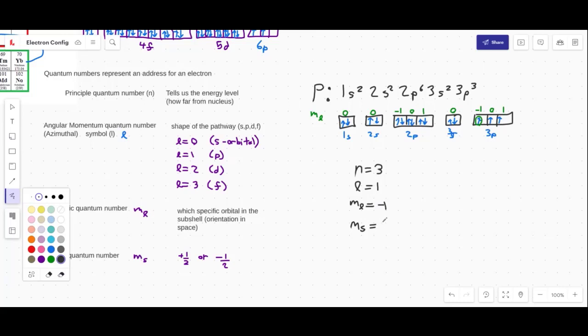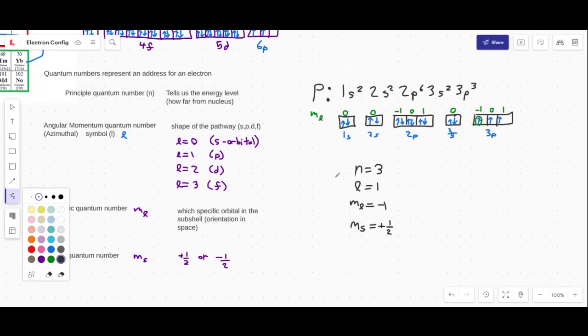Oh, gotcha. Now, in truth, you could really say either one because it's just as equally likely that it could be up or down. And even the convention up doesn't necessarily have to mean positive 1/2. Doesn't have to be this way, but we'll just assume that the up corresponds to positive 1/2.